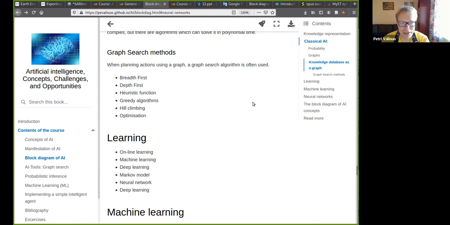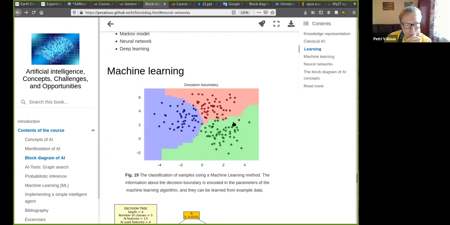Especially if you would need to manually create these knowledge bases, it would be quite difficult. But one approach of seeing machine learning could be that it can automate the learning of the data in the knowledge database. And let's take a look at machine learning from this viewpoint.